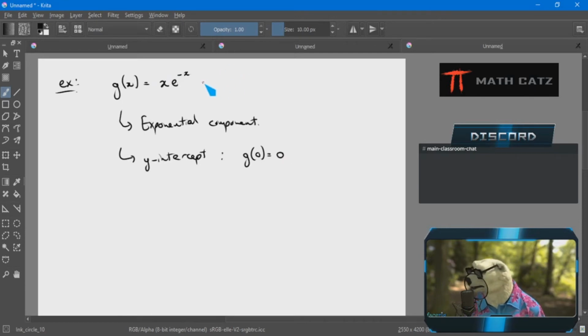Now we'll see. I want to make a note of this because it's going to make my life easier later on, very often. I don't have to work with the function in its original presentation. Because I see e to the negative x, I could write this as x over e to the x.